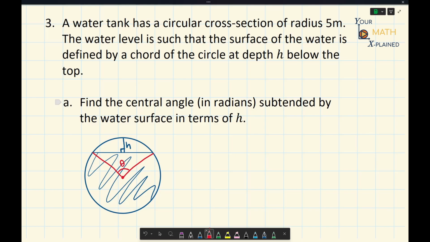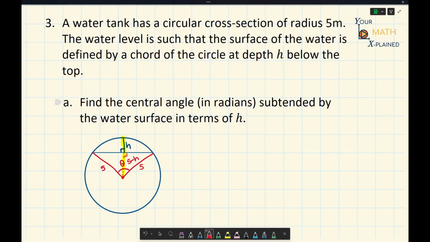So we know that the circle has a radius of 5. So let's go ahead and label these 2. And in fact, we actually know the height of this as well. Since the length of this entire thing is just a radius, which is 5, and we know that the top segment is h, that tells us this segment here is going to be 5 minus h.